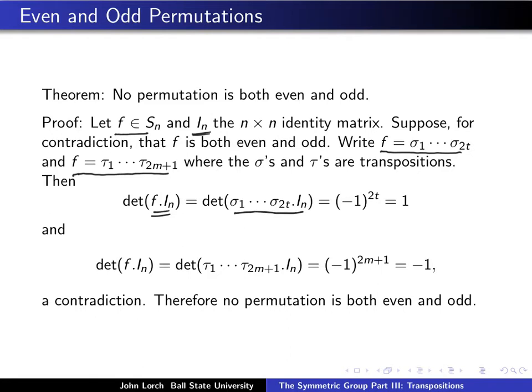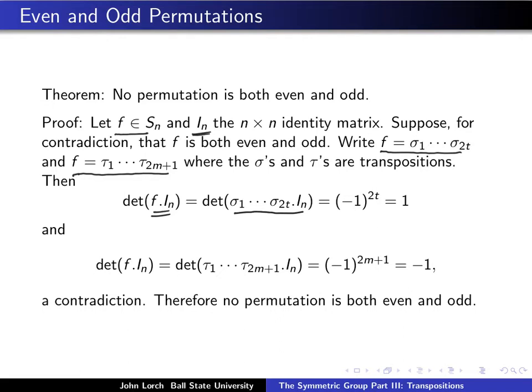And you see that to perform this action, we're letting these transpositions act successively on the identity matrix. Now, each time one of those things acts, there's a swap of rows. And we saw in the previous slide that a swap of rows induces a change in sign of the determinant.